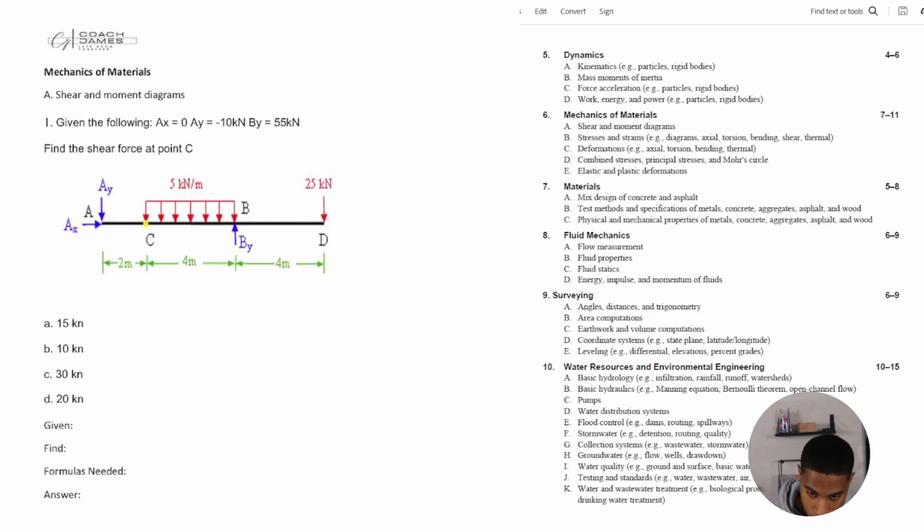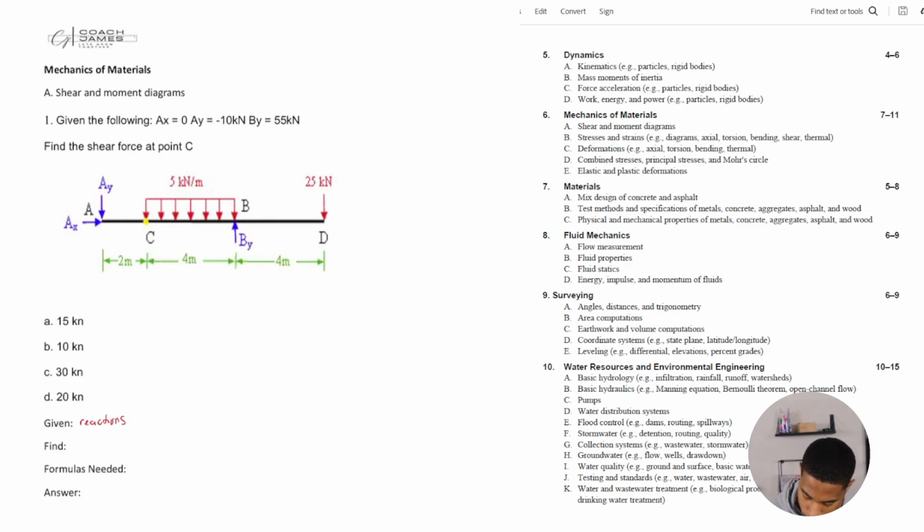Okay, so we are given reactions, and we're trying to find the shear force. Goodness gracious, handwriting is horrible. So we're looking for shear force at point C.